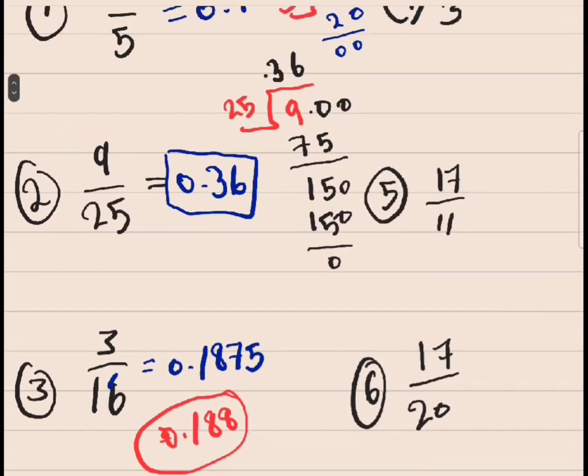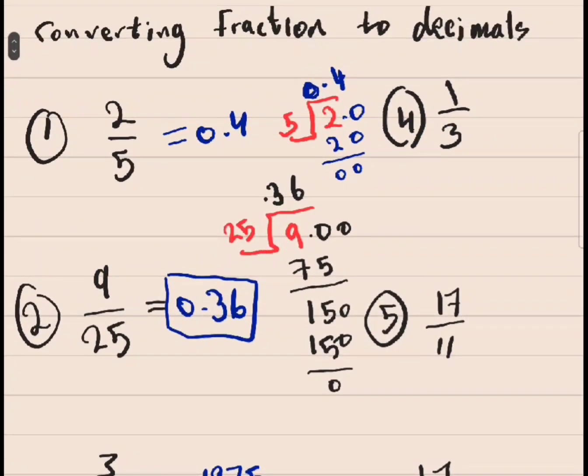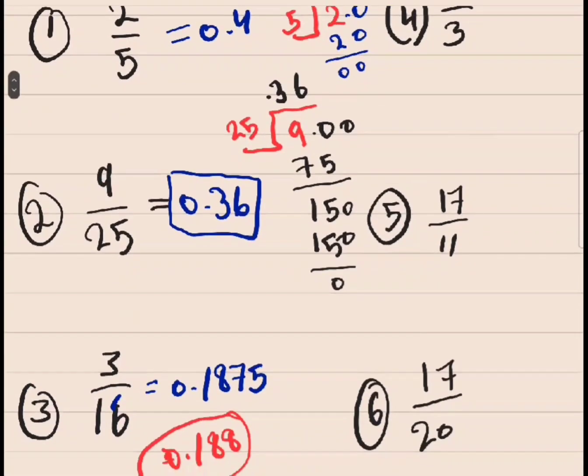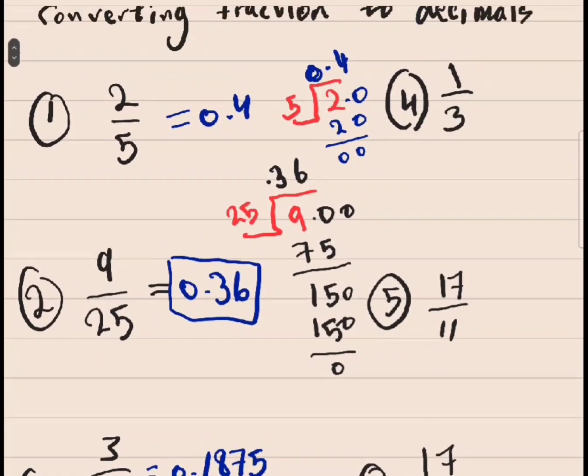And as we'll see with number 4 and 5, we can have decimals that are much longer than just to the 10,000ths place. So speaking of number 4 here, we have 1/3.